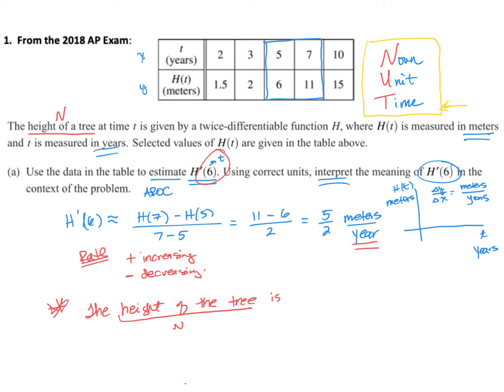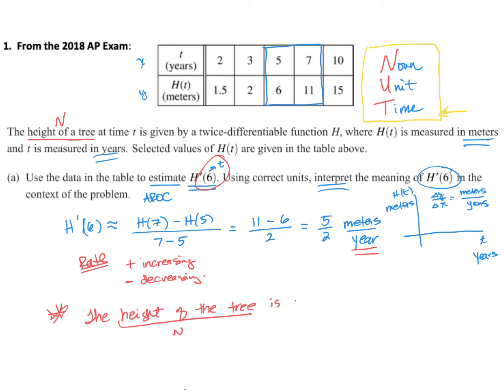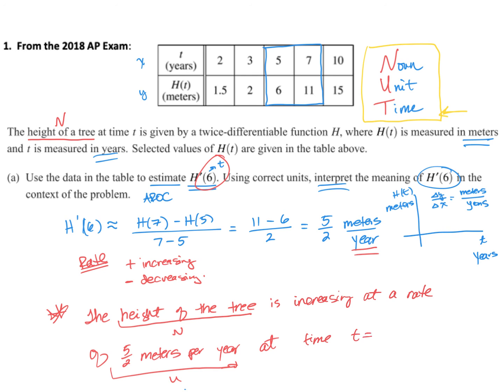The height of the tree is increasing at a rate of, and here we put our answer in our units, 5 over 2 meters per year, at, so this is our time, at time t equals 6. And you don't have to put t equals 6 years, you can put t equals 6.